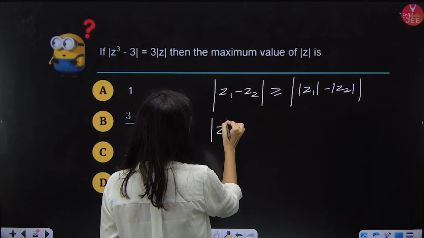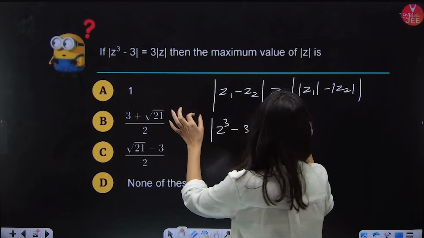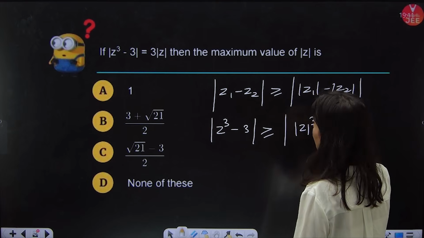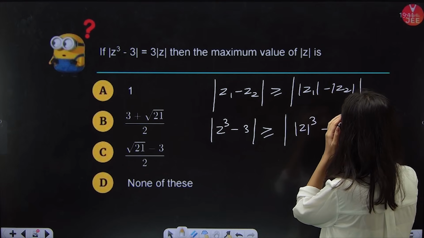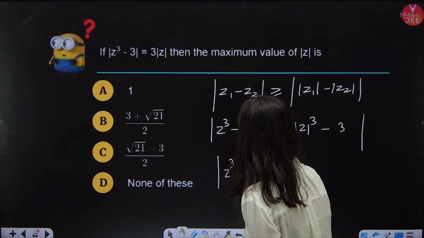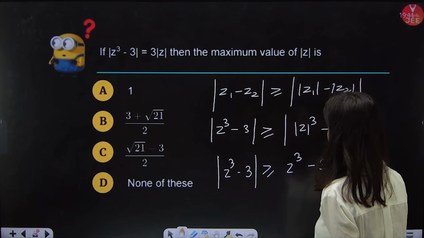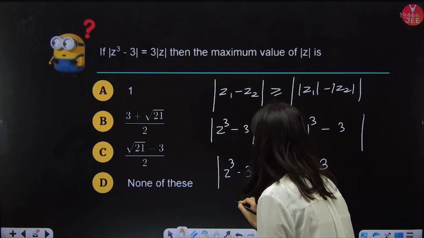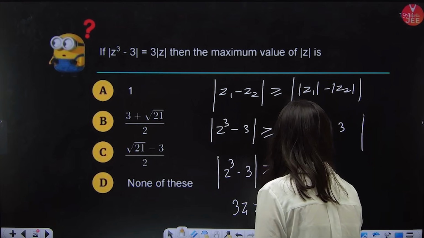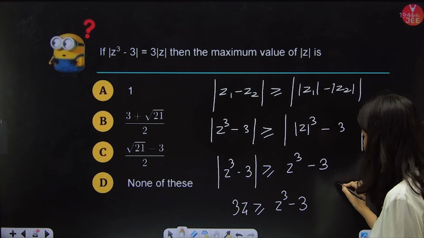So mod z cube minus 3 will be greater than or equals to mod z cube minus 3. Now this expression they are saying this is your 3z. 3z will be greater than or equals to z cube minus 3. Correct or not? Yes. So now you just have to solve it out.